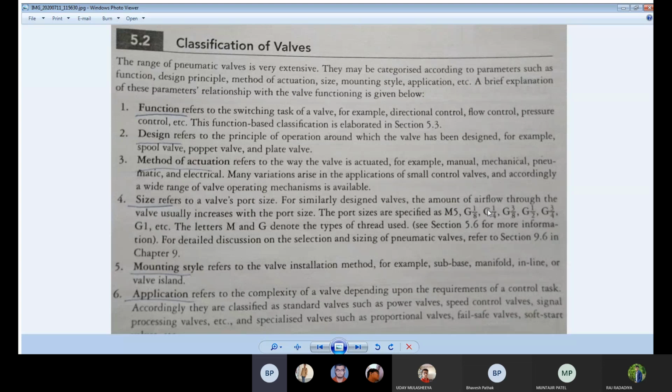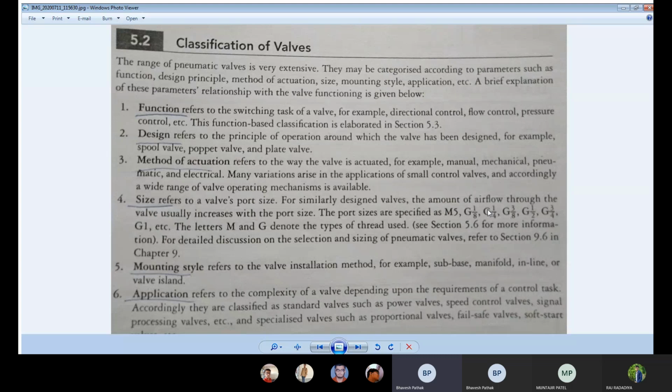A valve is a simple device whose function is a switching task, either on or off, or it will direct the flow somewhere.